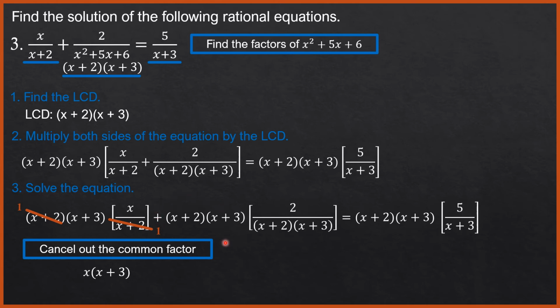For our second term, our common factors are x plus 2 and x plus 3. And if we are going to cancel out our common factors, our answer is 2. And then for our last term, our common factor is x plus 3. If we are going to cancel out x plus 3, our answer is 5 times the quantity of x plus 2.